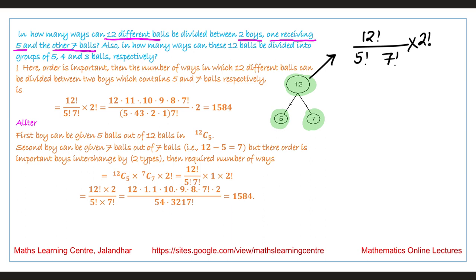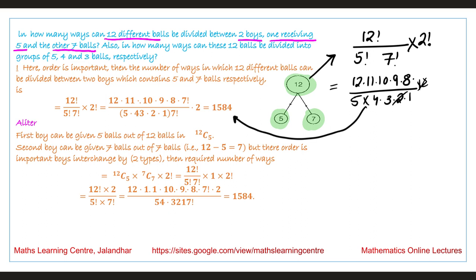On solving this, we obtain 12 into 11 into 10 into 9 into 8 divided by 5 into 4 into 3 into 2 into 1 into 2. On solving this, you will get the value as 1584.